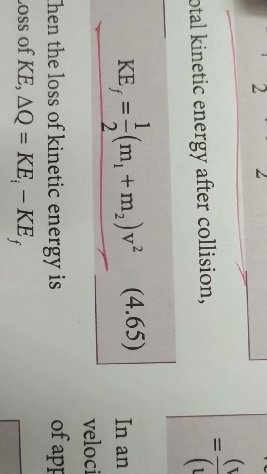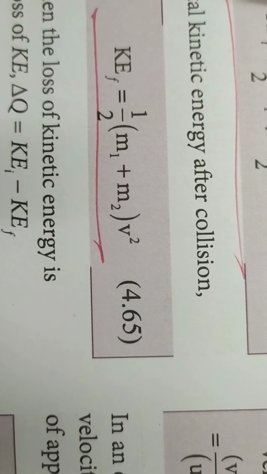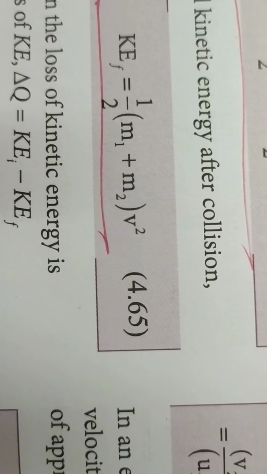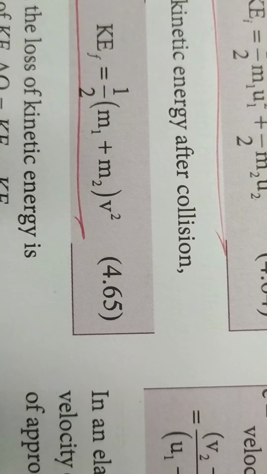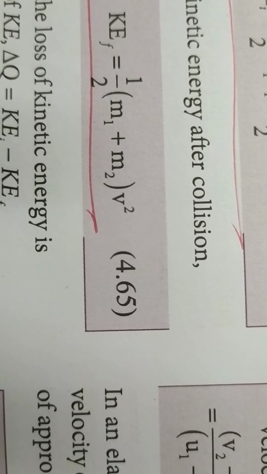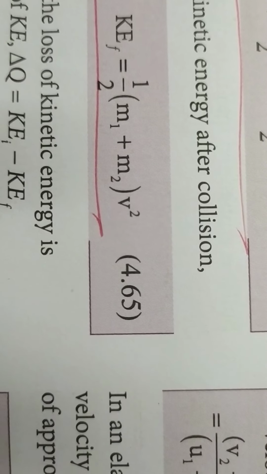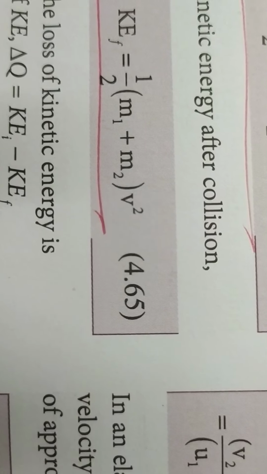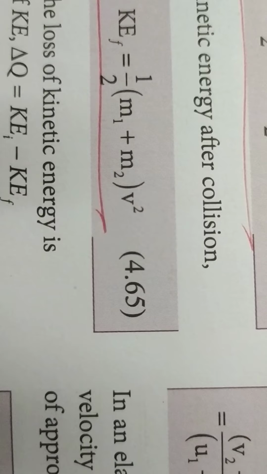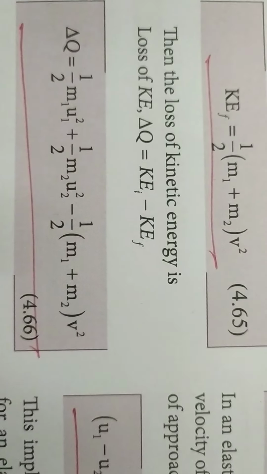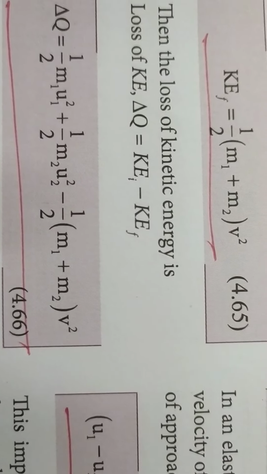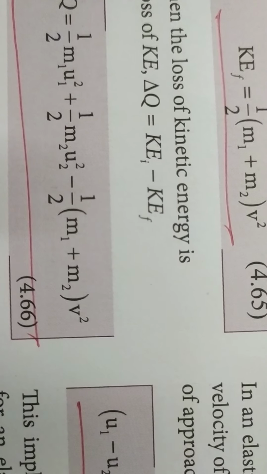And after collision, KEF, that is the final kinetic energy, is equal to half into m1 plus m2 into v square, because both the objects stick together, so you take that as m1 plus m2 and they begin to move with a common velocity, let it be v. So the loss in kinetic energy means you have to subtract KEF from KEI.